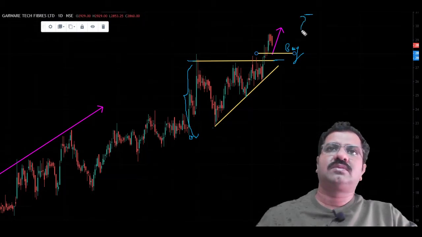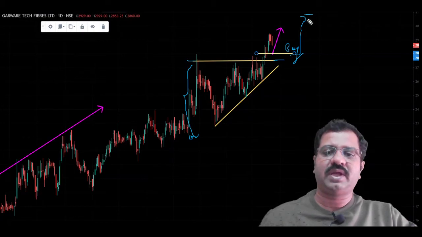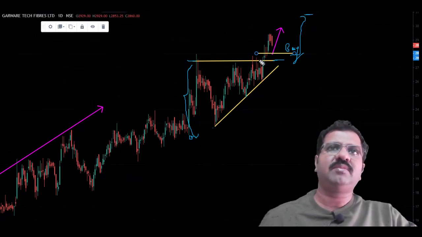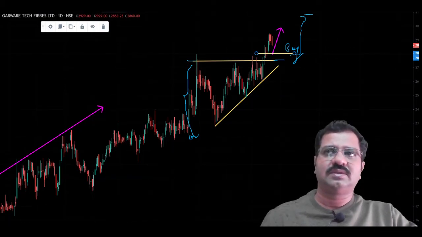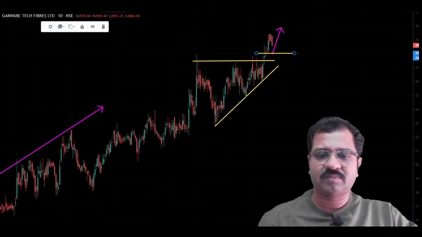So here you have to book the profit. Okay, this doesn't look exactly the same, but you have to find the same distance from here, and then you have to book the profit.